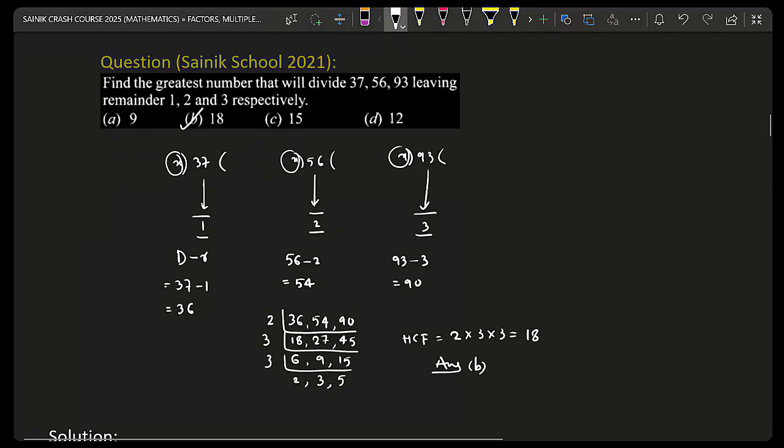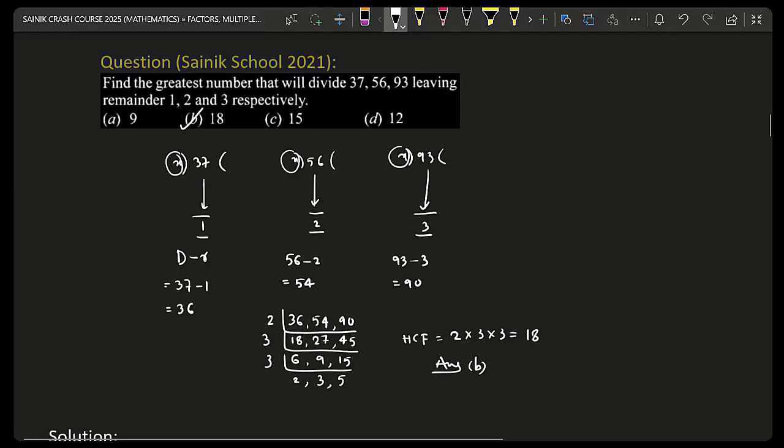Manaswini, do you have any doubts? Sir, I didn't understand this. See, Manaswini, we learned one formula: dividend minus remainder is always divisible by the divisor. When you are doing subtraction, what must be subtracted from a given number so that it is divisible? We remember dividend minus remainder. When x is dividing 37, we are getting the remainder 1. But they said exactly divisible, that means the remainder we don't want.